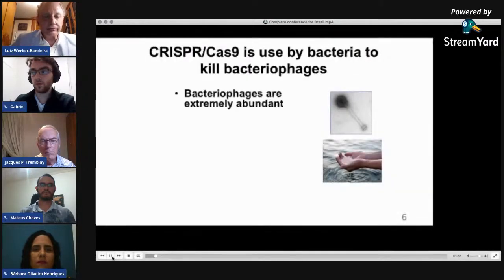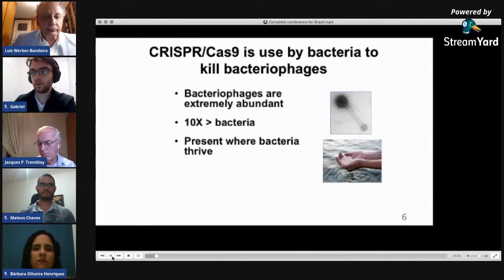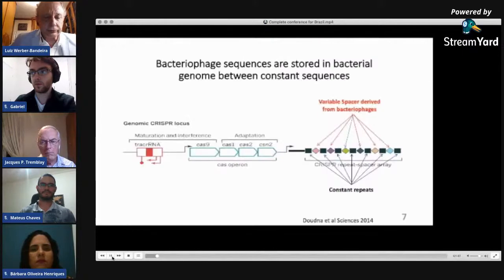Indeed, the CRISPR-Cas9 system is used by bacteria to kill bacteriophage. Bacteriophage are extremely abundant. They're 10 times more abundant than bacteria, and there is a war that has been ongoing between bacteria and bacteriophage for millions of years.